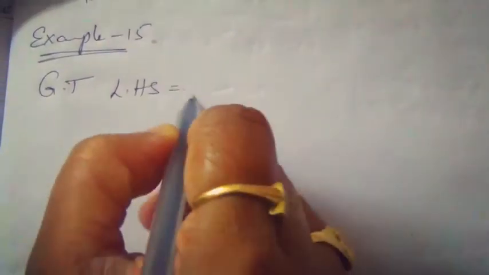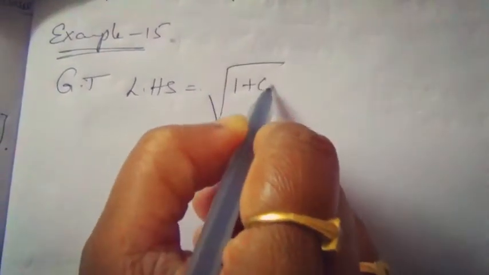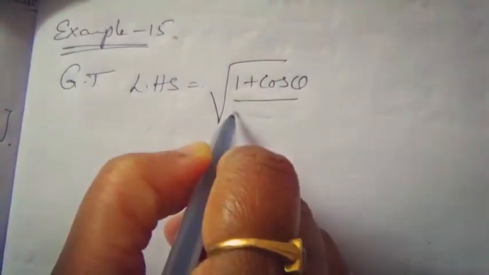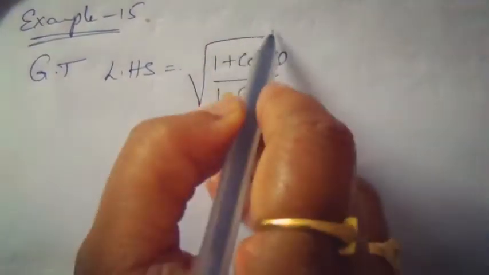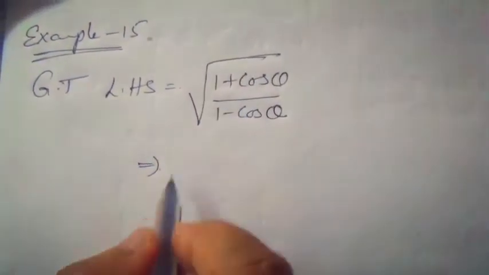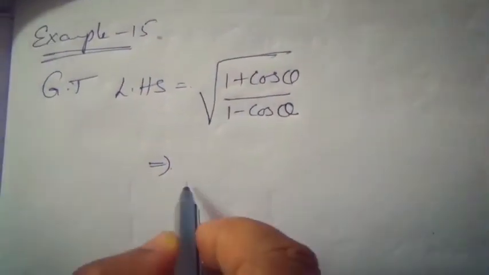Okay, given that LHS is equal to square root of 1 plus cos theta by 1 minus cos theta. That implies when you have roots, you take the rationalization of this one.